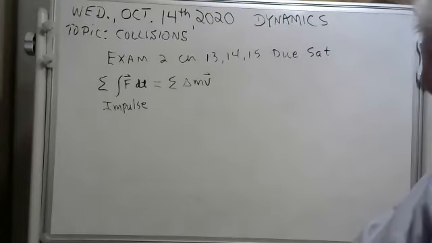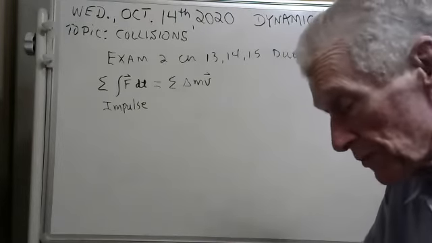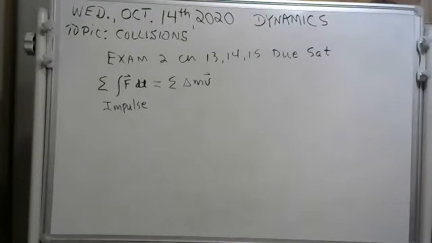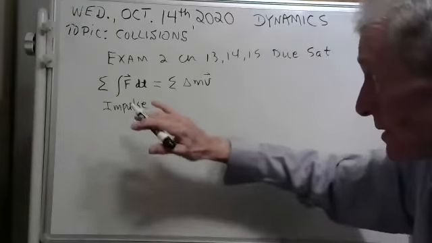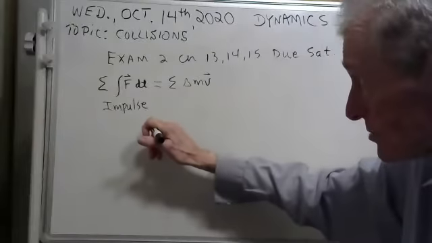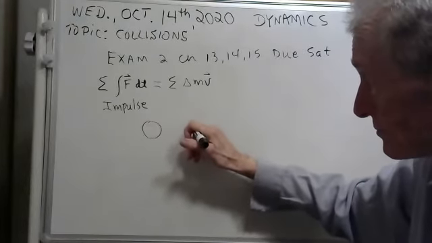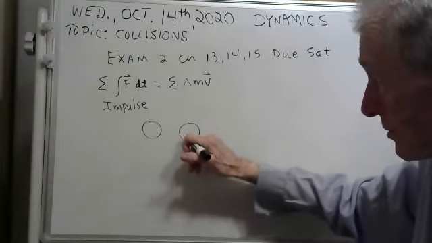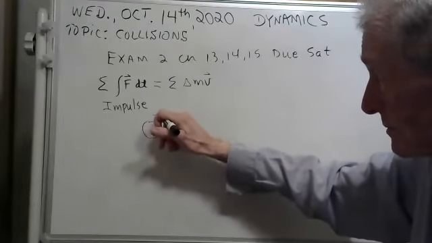And there's a very special case. If you have two bodies that crash into each other, the forces between the two bodies, here, I'll draw a picture. Here's two cue balls. I bet you guys play pool.